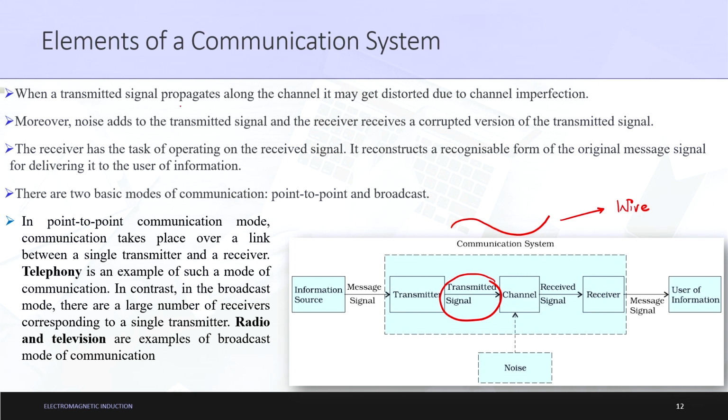When a transmitted signal propagates along the channel, it may get distorted due to channel imperfections. Anything in real life is not 100% efficient. Channel imperfections can be anything, for example random noise.